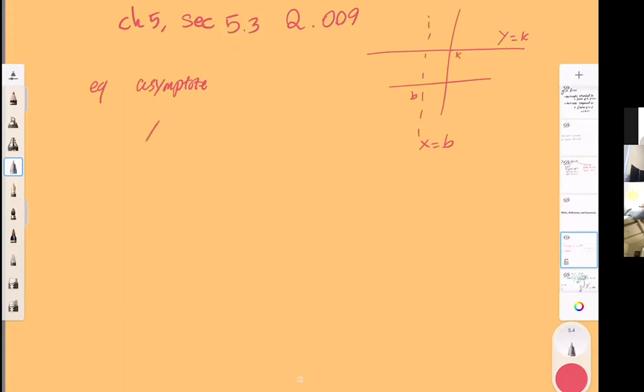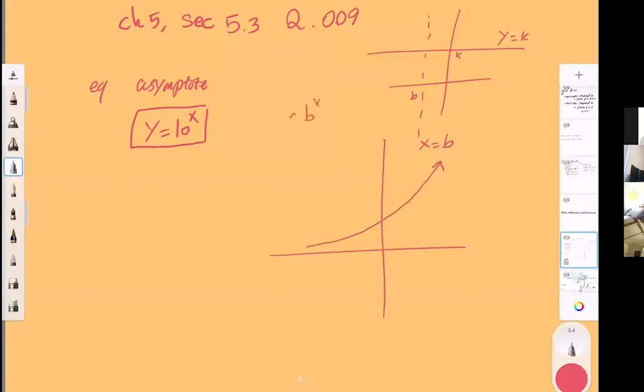What we have, y equal to 10 to the power of x. If we graph it, it will be something like this. How do I know it? Because it's an exponential function, like a times b to the power of x. This is the exponential form.